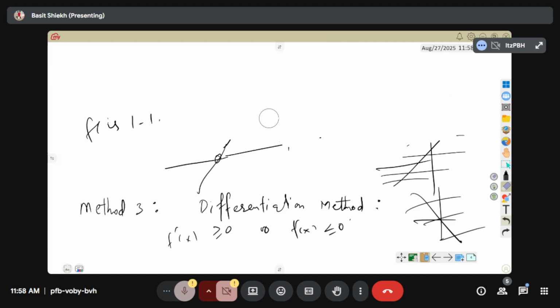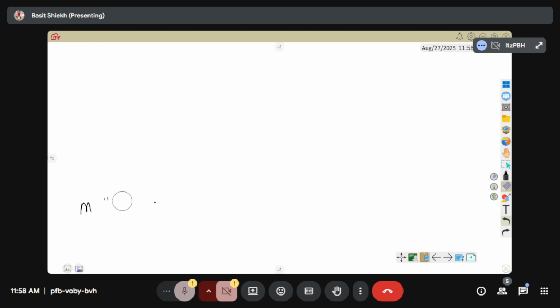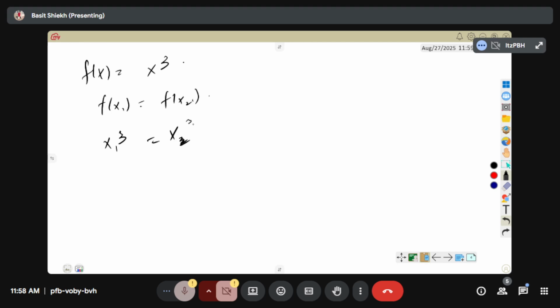All three methods we will define, don't worry. f(x) = x³. Let's say f(x1) = f(x2), so x1³ = x2³. This will definitely imply x1 = x2. Why? That you have to find the answer.